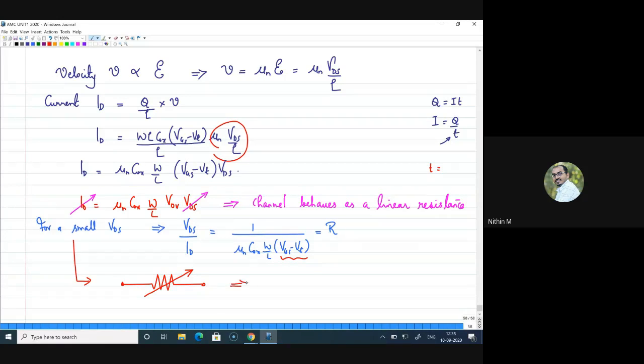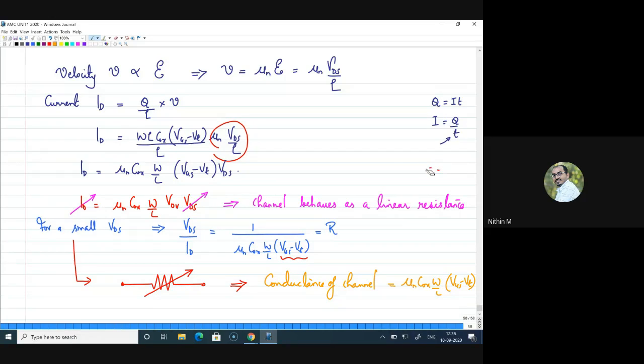Now, so we have written the resistance of the channel. In a similar way, I can also write the conductance of the channel. What will be the conductance of the channel? Conductance of the channel will be the inverse of this resistance. So conductance can be written as mu n Cox W by L into VGS minus VT. Right.